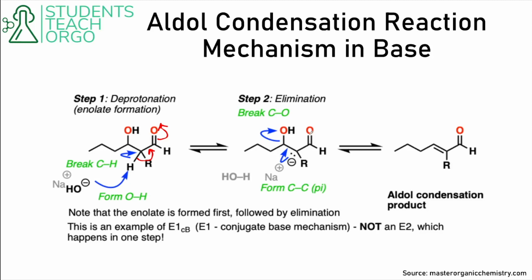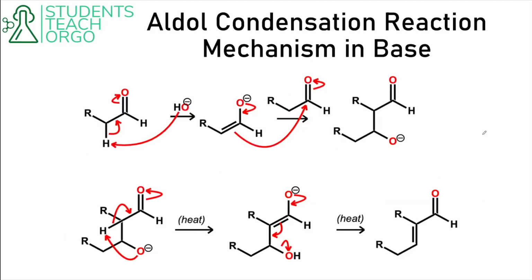But now that we have that enolate, the enolate is going to push out OH. Now, OH is usually a really bad leaving group, but this E1CB mechanism helps kick out OH. Normally, OH just doesn't leave by itself, but that will give us the double bond that we see in this condensation product and have us lose water.